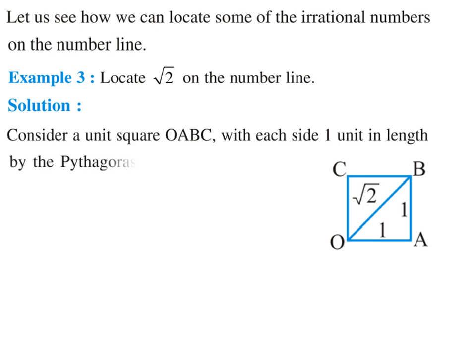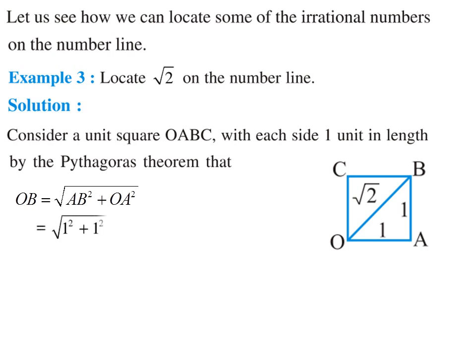By the Pythagoras theorem, we can find the diagonal OB. OB is equal to the square root of AB square plus OA square. Now AB and OA are 1, so it is the square root of 1 square plus 1 square, which is 1 plus 1, which is root 2.